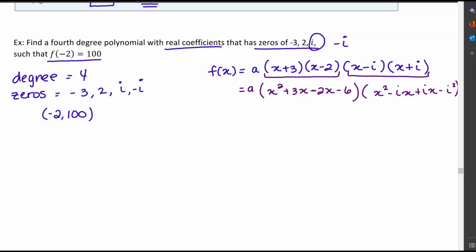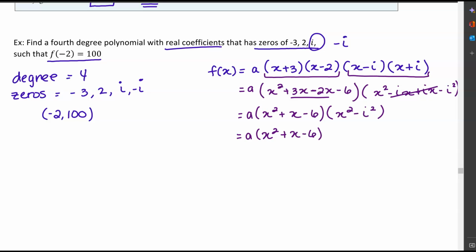Okay. So let's go ahead and simplify this. Combine these two, so I get x squared plus x minus 6. And then over here, these are going to cancel out. And so I'm really left with x squared minus i squared, and x squared minus i squared, well, this is just -1 times this, so I end up with x squared plus 1. All right.